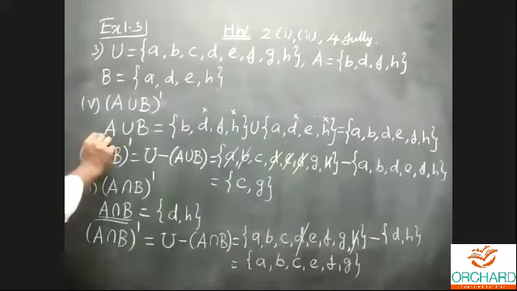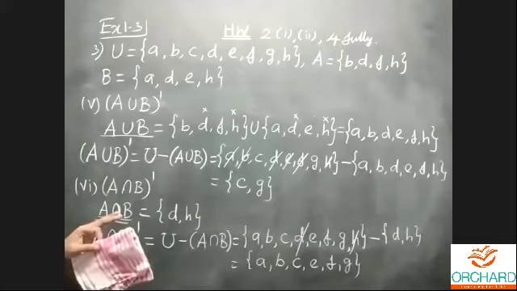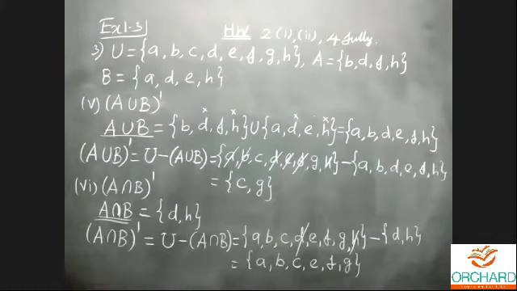First you identify A union B, then only you can calculate the complement of the set A union B. Next, (A intersection B)': first identify A intersection B, then only you can identify (A intersection B)'. So this is only the idea. Apply whatever idea applies for this problem. The same thing can be repeated for the fourth problem.